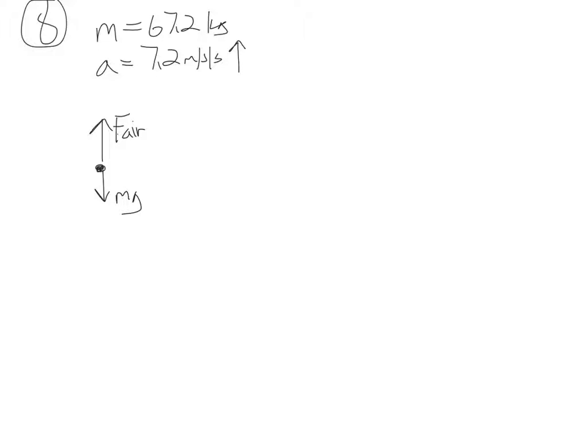So that's acceleration working in the opposite direction here. So my net force, I'm going to write as the air resistance minus the weight, because the weight's pulling him down, air resistance is pulling him up. I'm going to keep downward as the negative direction.